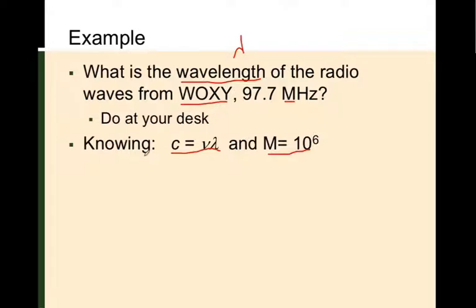Okay, so the first thing that we need to do is we know the speed of light, C, is a constant, it doesn't change. It's 3.00, the speed of light in a vacuum, times 10 to the 8 meters per second.